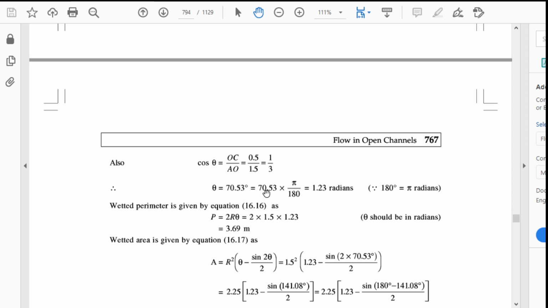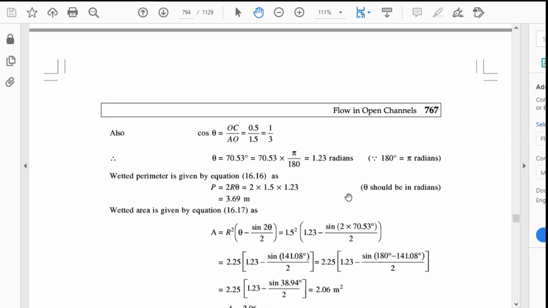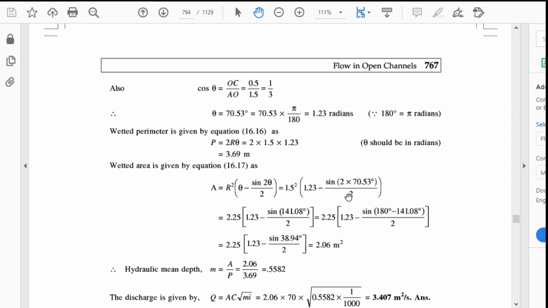For the conversion of degrees to radians, you have to multiply the value in degrees by pi by 180. So in radians the value is 1.23 radians. We now have theta in both degrees and radians.